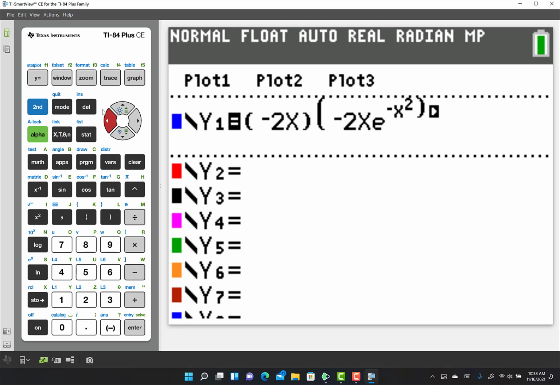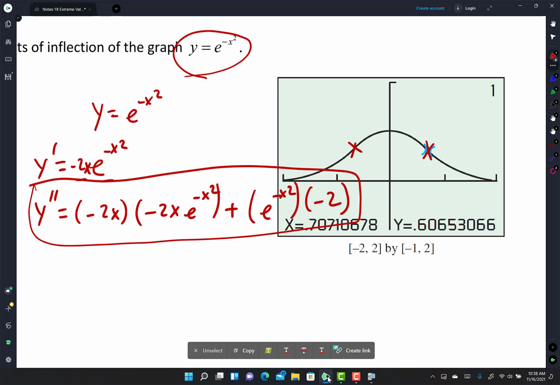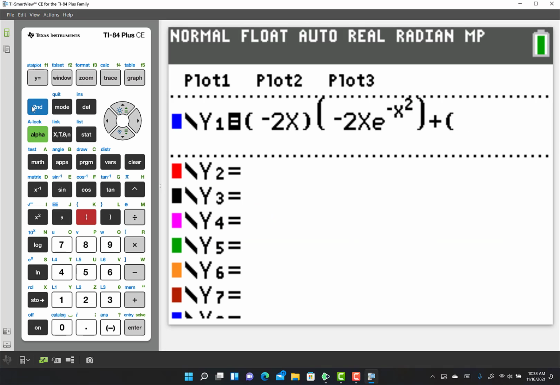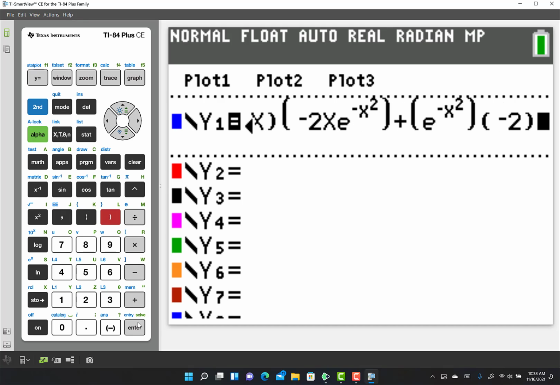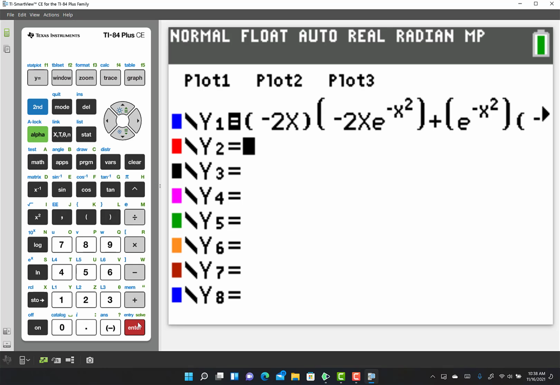Was it like that? And then a plus, and I already forgot. e to the negative x squared, negative 2. e to the negative x squared, and then close this one times negative 2, right? Okay. I hope I did it correctly.